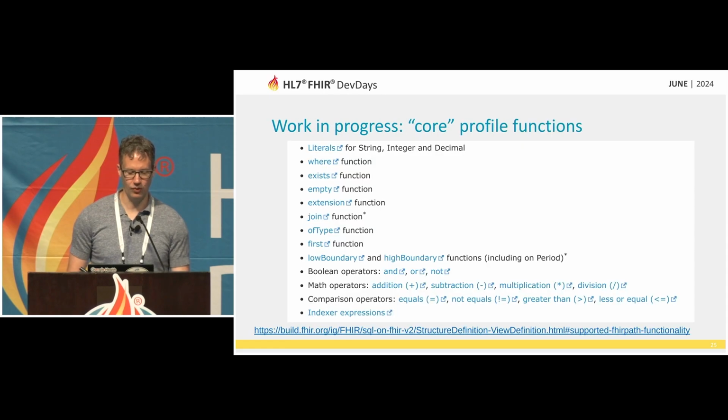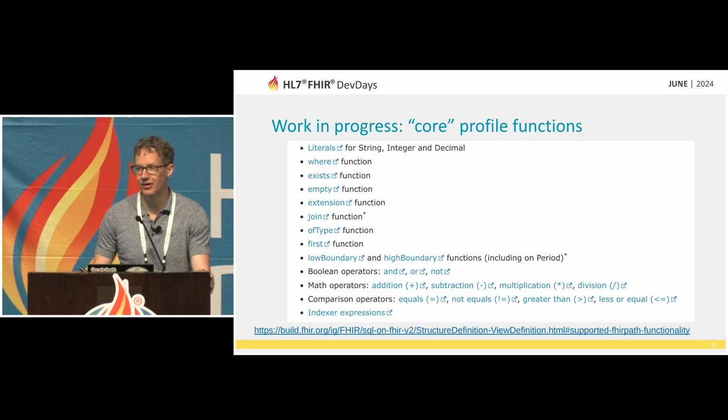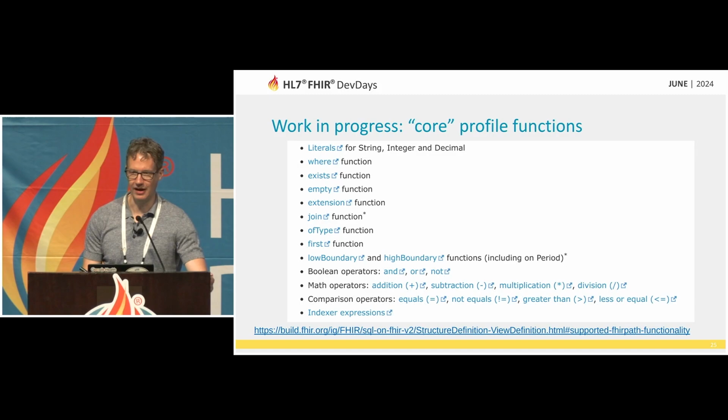One area that is a work in progress right now is what exactly this base core profile looks like, in the sense that we want to restrict ourselves to a set of FHIRPath functions that is probably not the whole list. That is, again, in the same spirit of making this system easy to build and implement. The big one that probably will not be in this core set of FHIRPath expressions would be the FHIRPath resolve, which jumps between resources to resolve references so you can get fields from other resources.